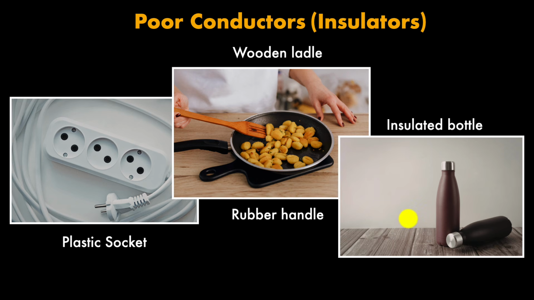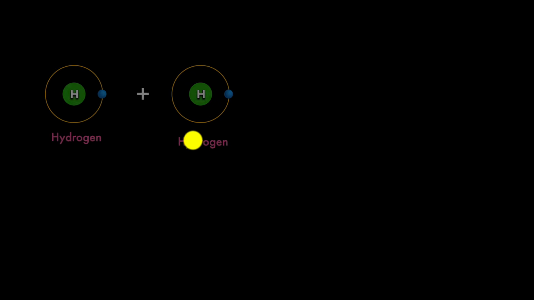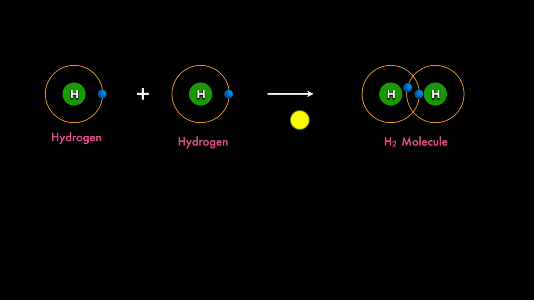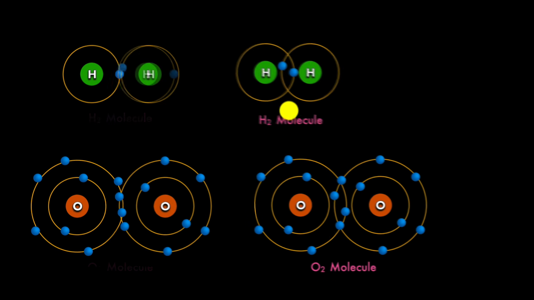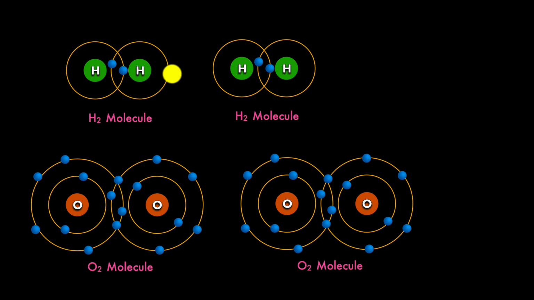Okay, but can we predict their melting points? Yeah, we know that nonmetals tend to form individual molecules, like hydrogen atoms form H2 molecules, oxygen atoms form O2 molecules, and the attraction between the atoms is very strong, covalent bonds. But what about the attraction between different molecules themselves?